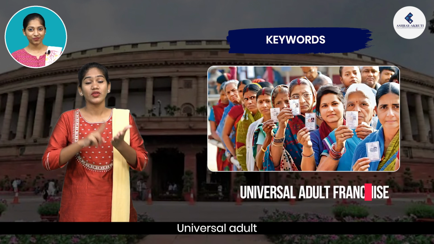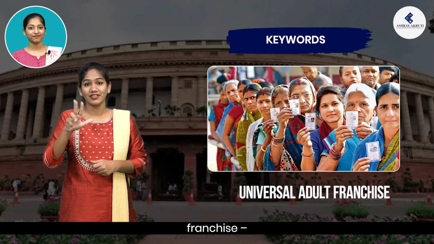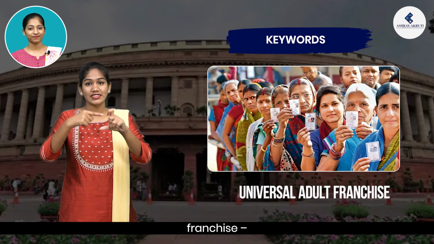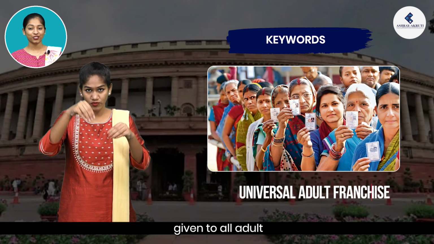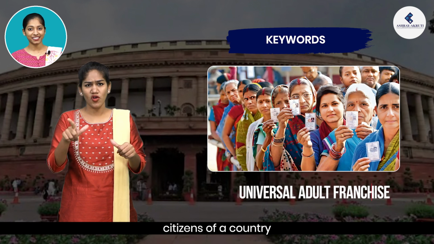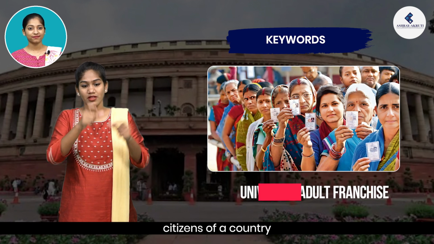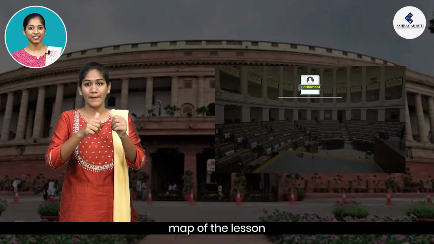Universal adult franchise: the right to vote given to all adult citizens of a country. This is the concept map of the lesson.